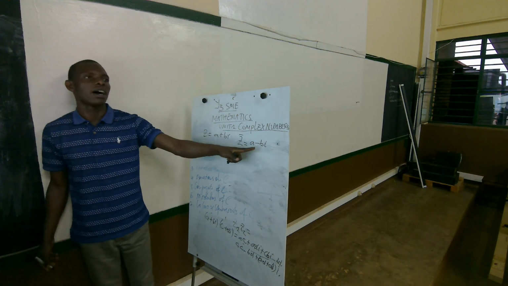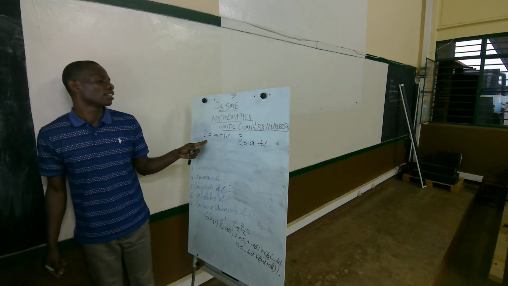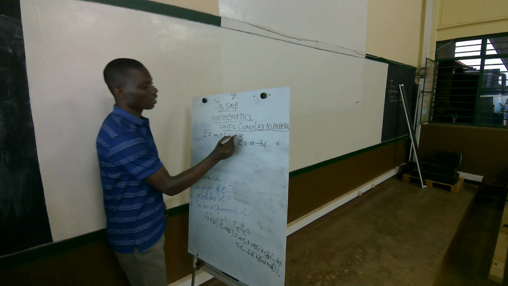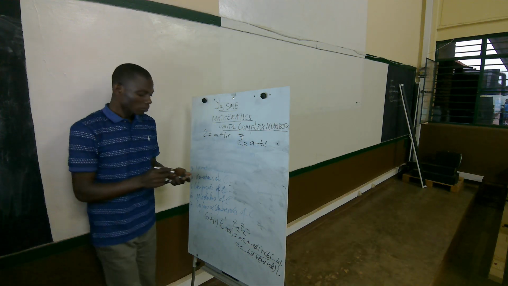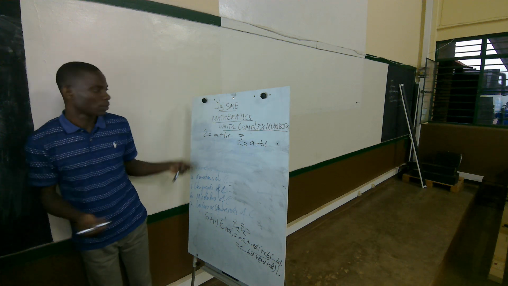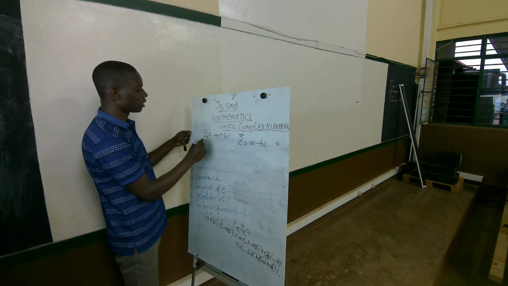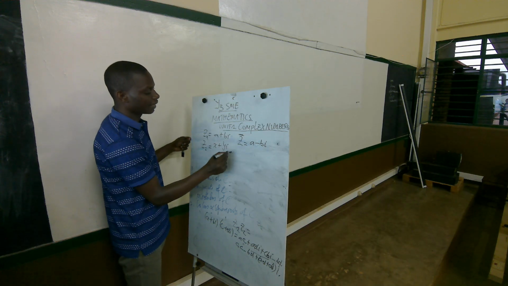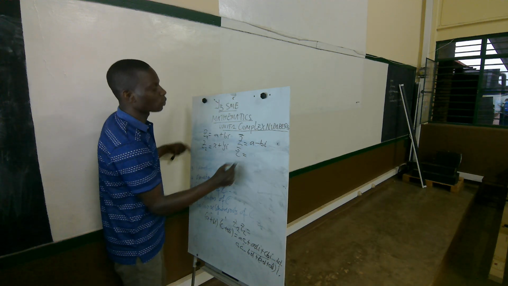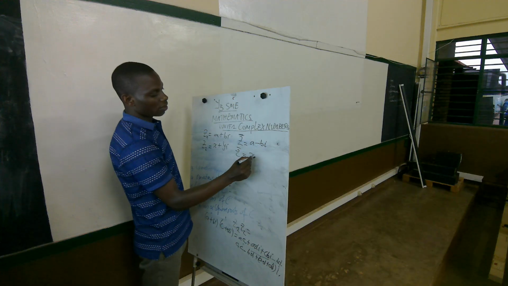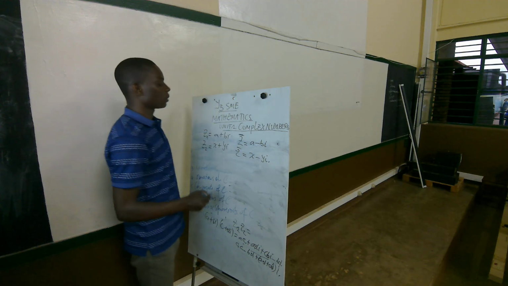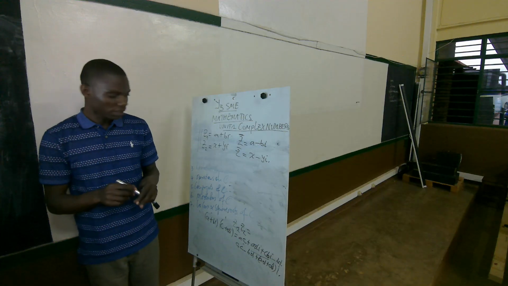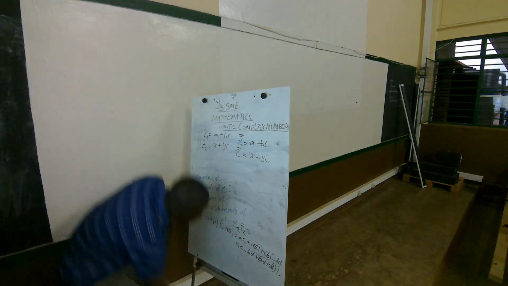This is the conjugate of the complex number z. For example, if z is equal to x plus yi, its conjugate will be equal to x minus yi. So this is just to remind you about the conjugates of complex numbers.